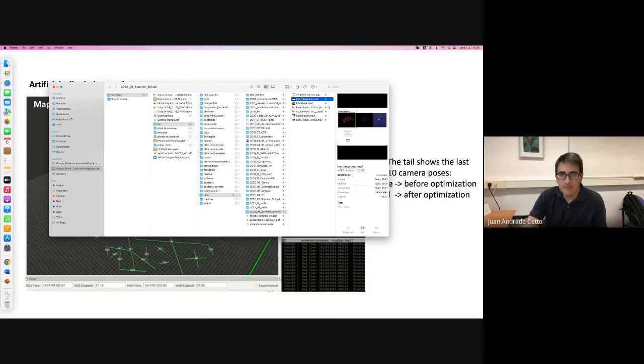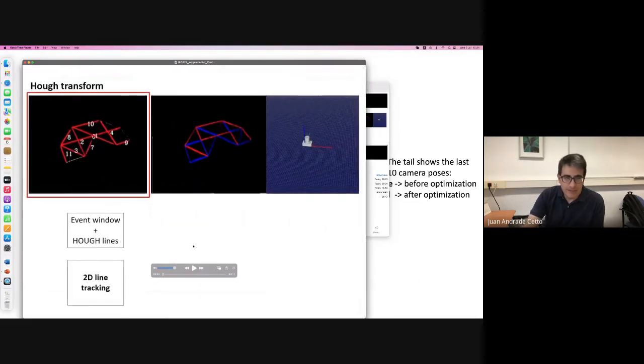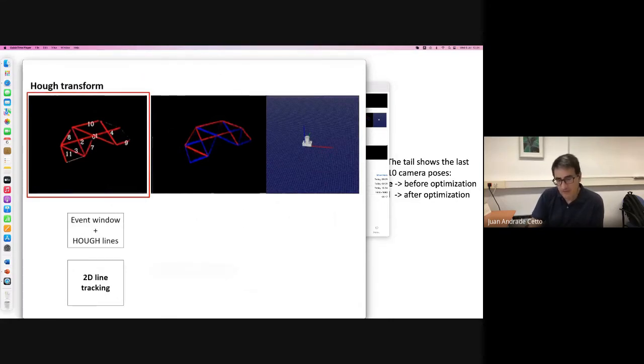There's one problem with this, in that you need to do the bootstrapping. That is, in the beginning, we used some part of the pattern as a known map to initialize the mapping and the tracking. But sometimes there are situations when you don't even have this original part. So we will do some bootstrapping to learn this initial part.